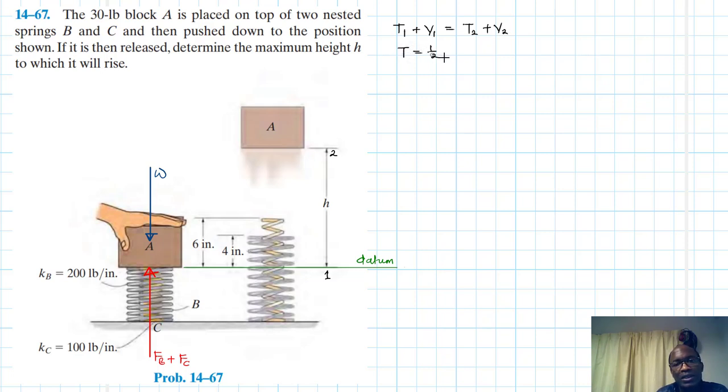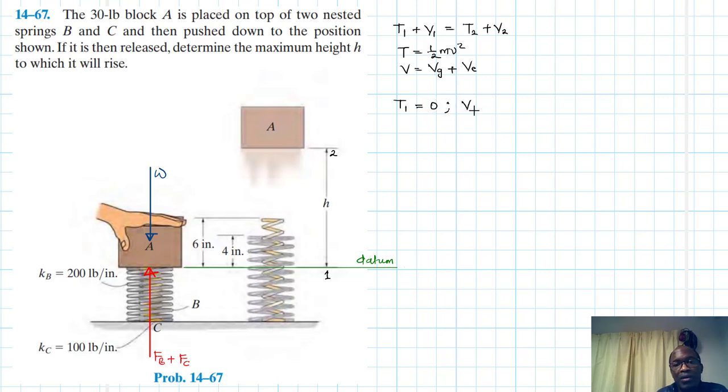T is the kinetic energy, and V is the gravitational potential energy and the elastic potential energy. All right, so T1 for the block, which is the kinetic energy at point 1, is temporarily at rest, and therefore this is just equal to 0.